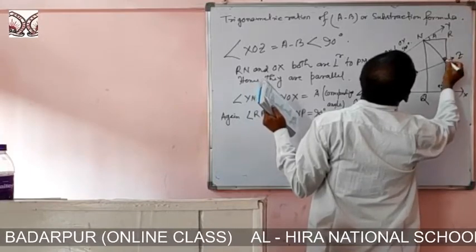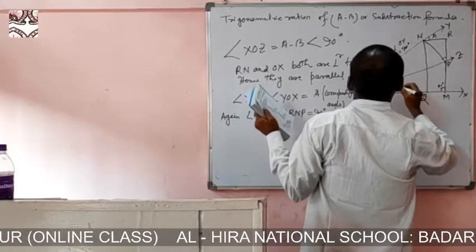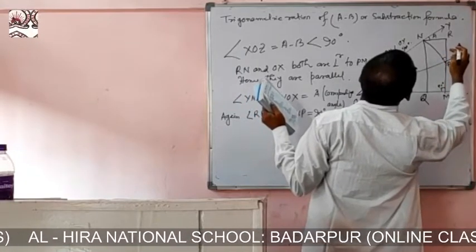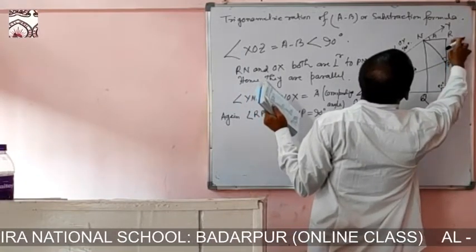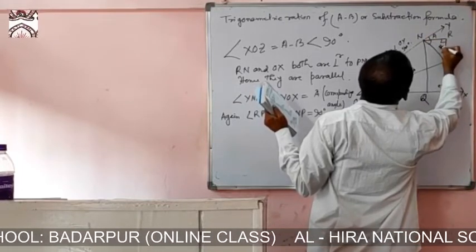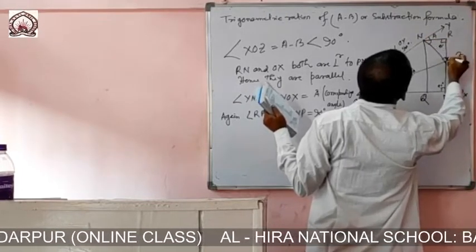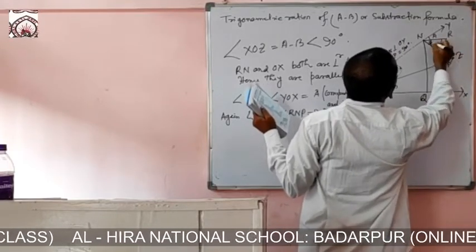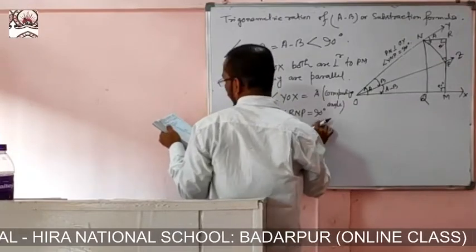RPN this angle, and RNP this angle, because the angle at R is 90. So the sum of these two angles will be 90.